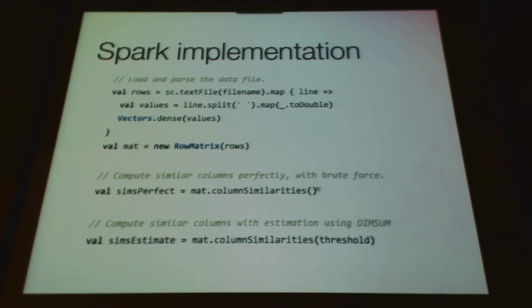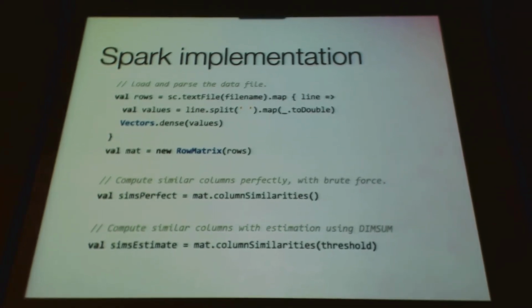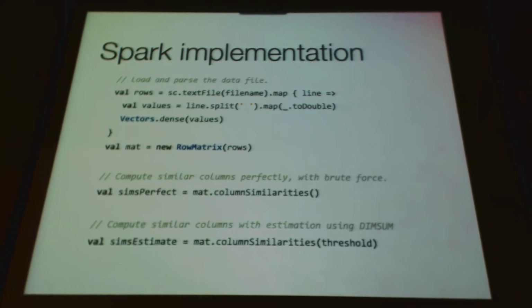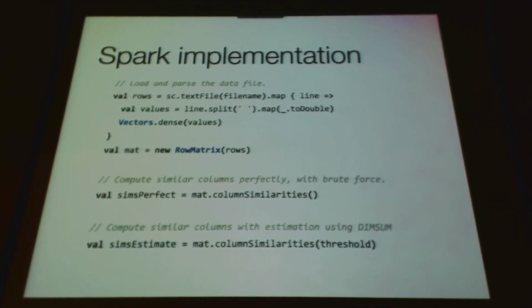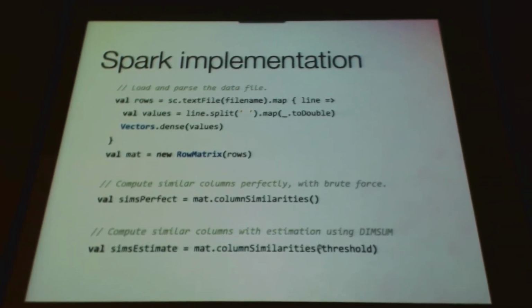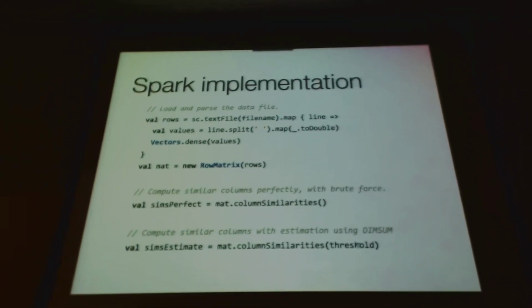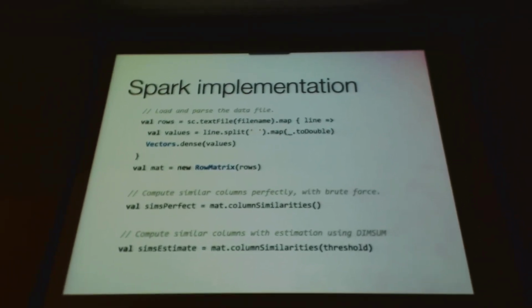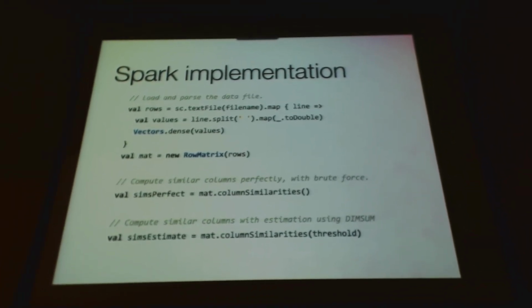That's the square technique I mentioned, and if you have little data, that's actually reasonable. You get perfect results, because if you want absolutely every similarity score, you just call it and it returns them all. Then if you want to scale up to a point where it's not feasible to compute all similarities, you give it a threshold, and the computation focuses only on the pairs that are most similar to the threshold, and then you can scale up a little bit more.